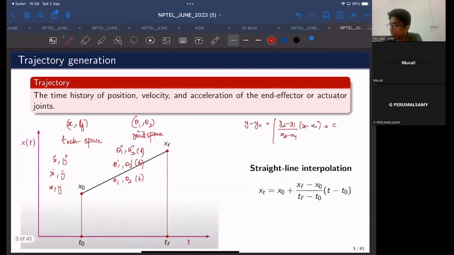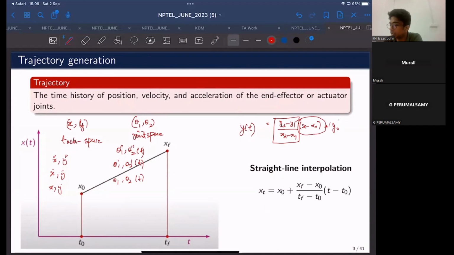So this would be equivalent to the slope of the line, and this would correspond to the change in x position. This would correspond to some intercept, and the y of time would be the slope times the time change plus some initial value y0, right?